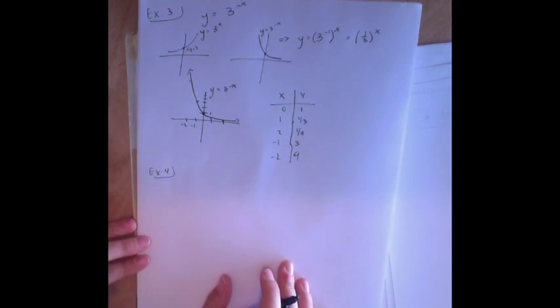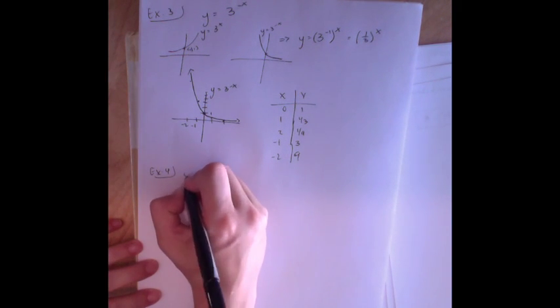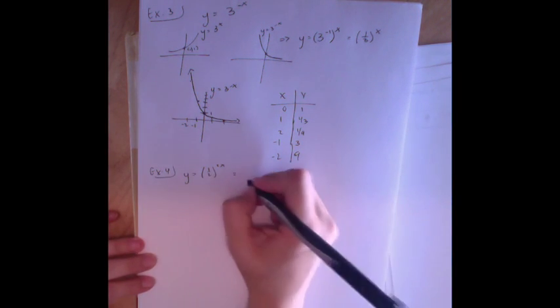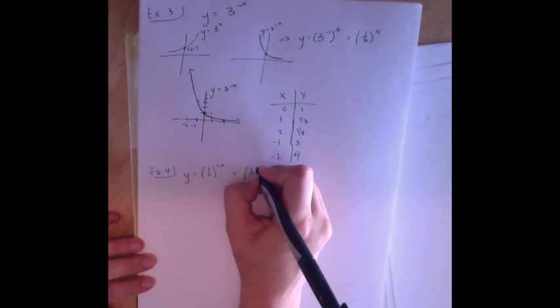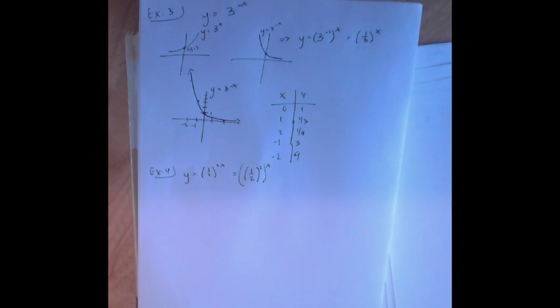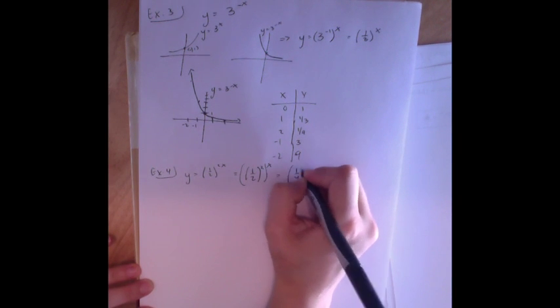Okay, let's do example 4. Y equals 1/2 to the 2x. Okay, so again, we could rewrite this as 1/2 squared to the x, which really is 1/4 to the x.